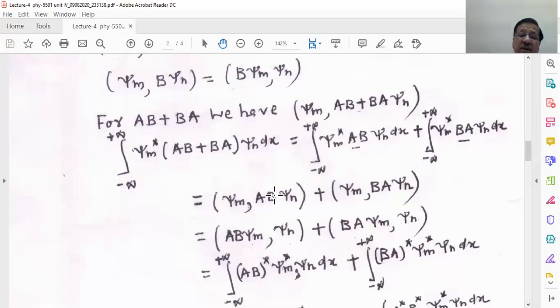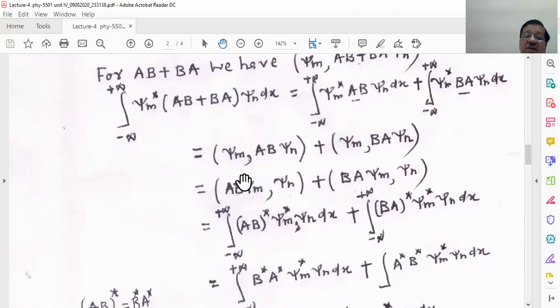If they commute, then the product AB is also Hermitian and BA is also Hermitian. So now this scalar product can be written like this, and the other scalar product is replaced by BA psi. Please remember this.